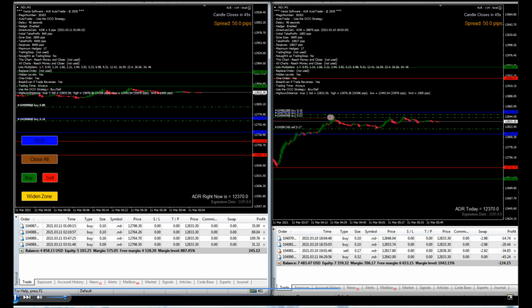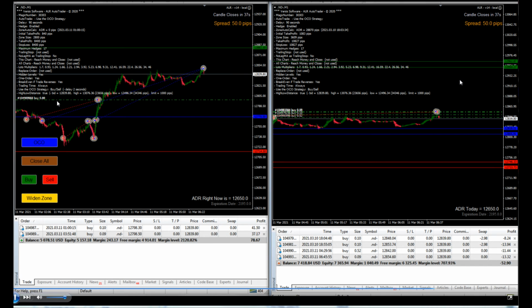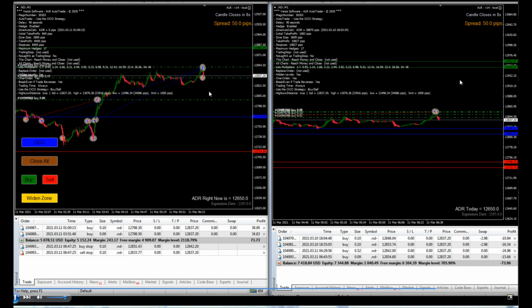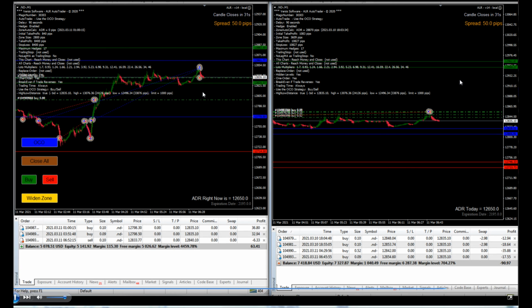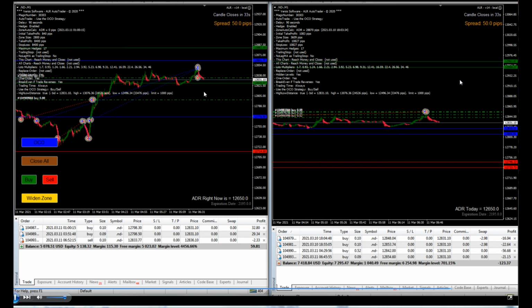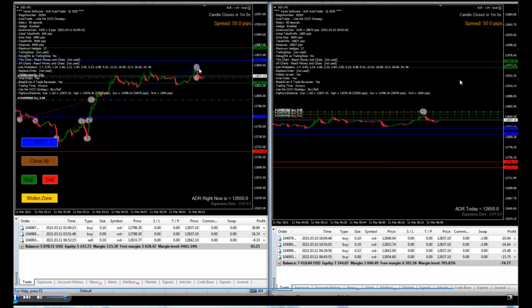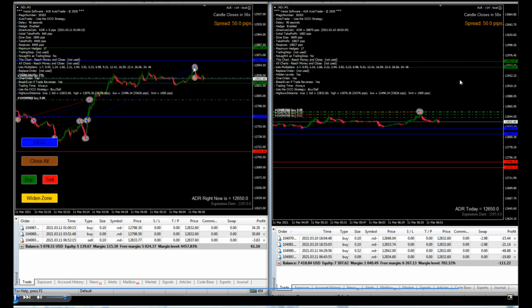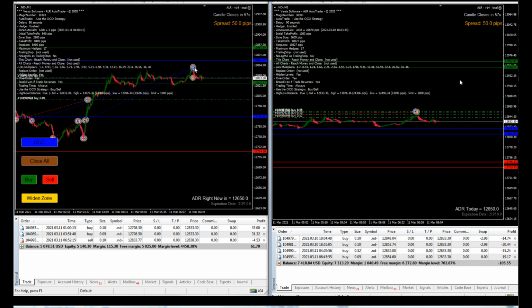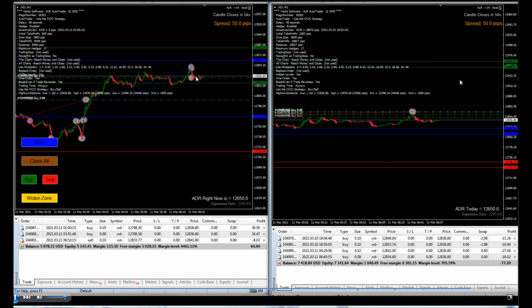So there it goes, it just hits it there, and you see straight away that it starts reversing, which means that we were super accurate, knowing where to place our take profit line, because as you see, it closed right at the peak of the price move, which just happened to be where our green take profit line was. It didn't go any further than that, it just reversed after that, which meant we got the maximum profit from that move.